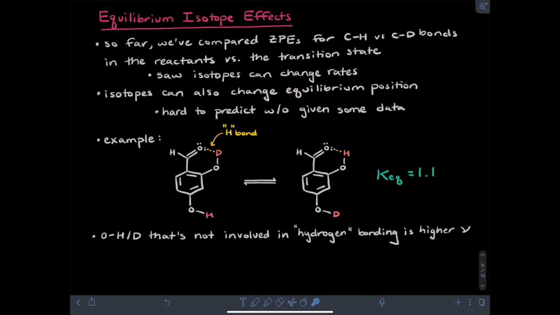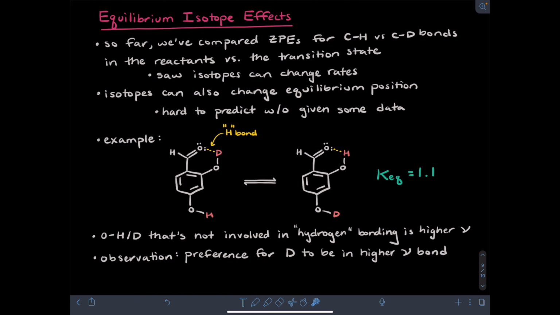If we think back to IR spectroscopy and frequency and wave number, recall that alcohol groups that are not involved in hydrogen bonding show up at higher wave numbers or higher frequencies. Hydrogen bonding will weaken the OH or OD bond, leading to it having a lower wave number.